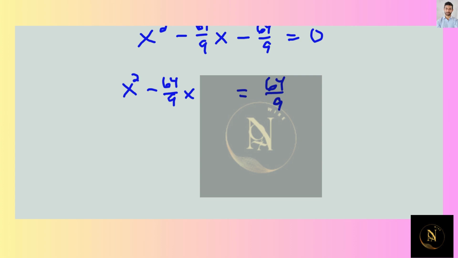Half of 64/9 would be 64/18. 64/18 squared would be 4096 over 324.